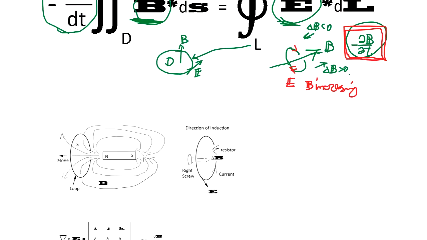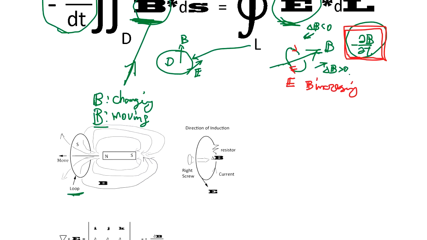This magnetic field change can be caused by either the magnetic field moving or the magnetic field changing. Changing means the magnetic field gets stronger or weaker. Moving means like this magnetic stick moving around the conductor loop.